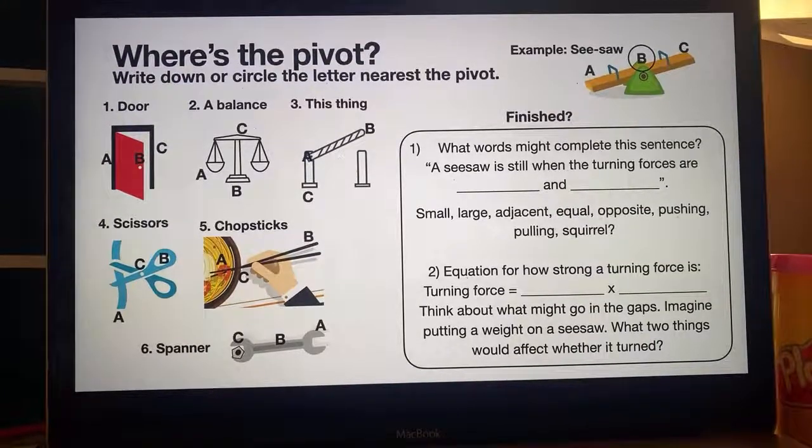Is the answer small, large, adjacent, equal, opposite, pushing, pulling, squirrel, something else? And the equation for how strong a turning force is equals something times something. Can you think about what might go in those gaps? We'll do a bit more about that in a sec.